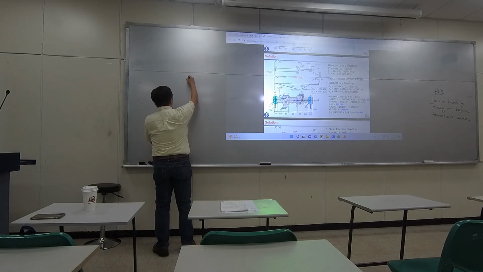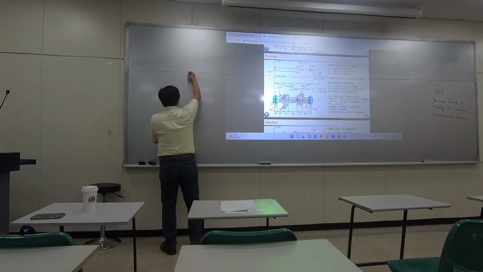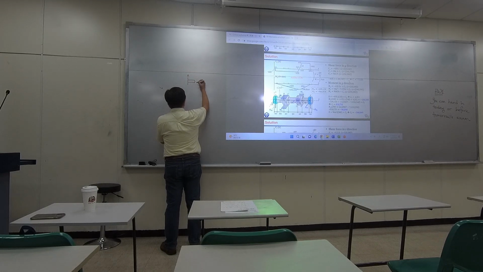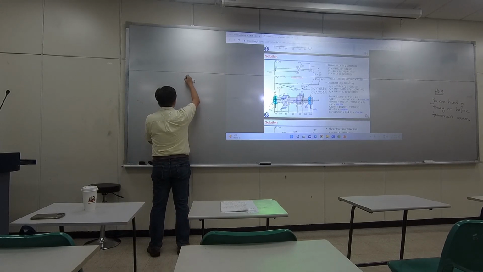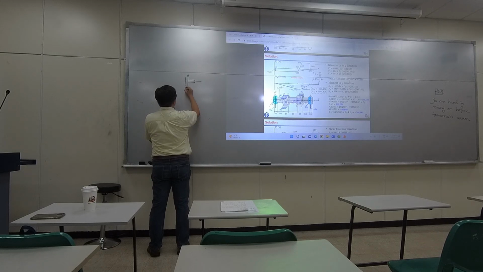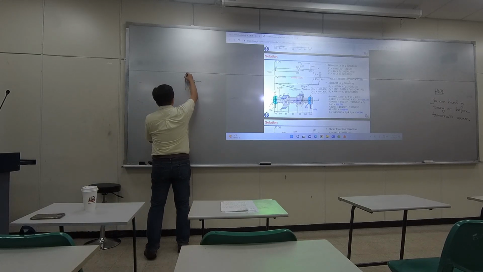When you do that, here is your point A, and here is some position where you make the cut. And your coordinate system was something like this. This is position 0. And over here is somewhere you can say position X. Okay? And this is your coordinate X, coordinate Y.